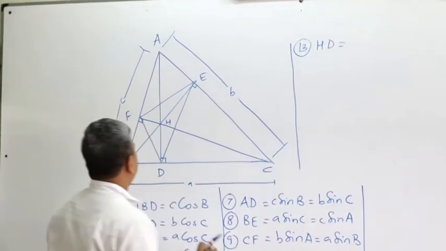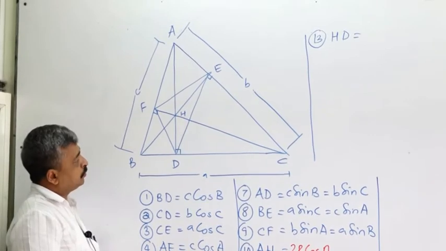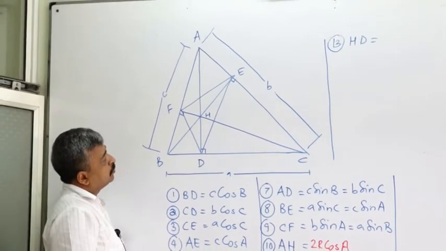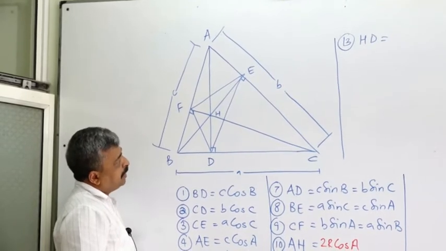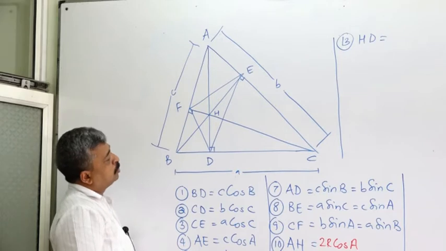Now HD is going to be equal to either AD minus AH, but it has a better expression also.